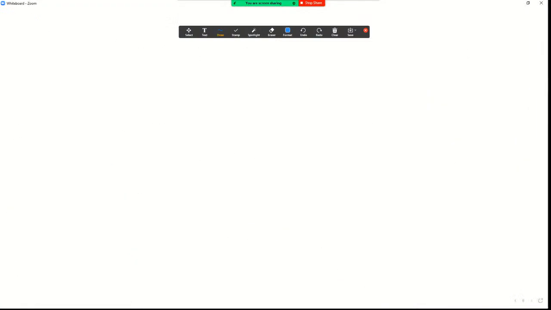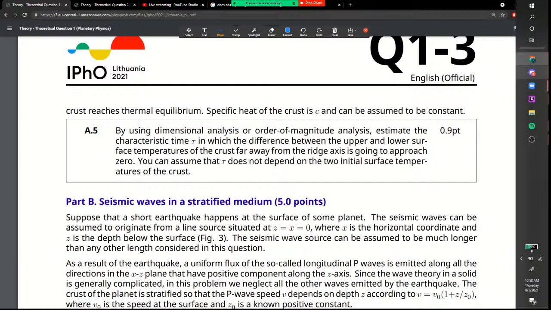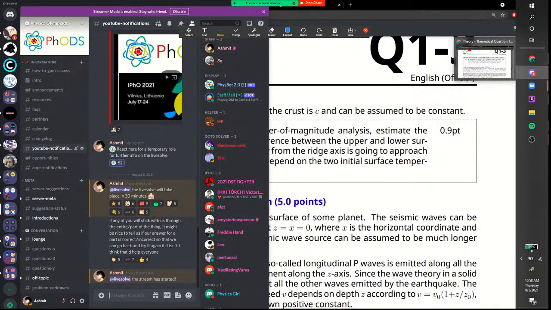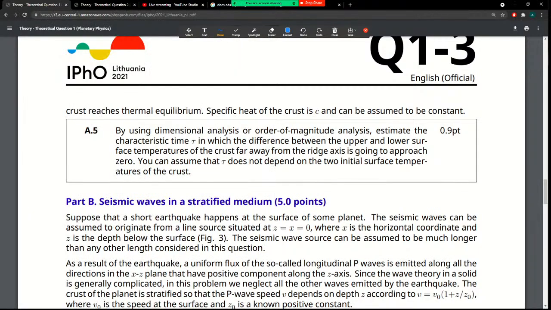Okay, for A5. Suppose that crust is thermally isolated from the rest of the earth. As a result of heat conduction, the temperature of the upper and lower surface of the crust are going to get closer to each other until the crust reaches thermal equilibrium. Specific heat of crust is C and can be assumed constant.